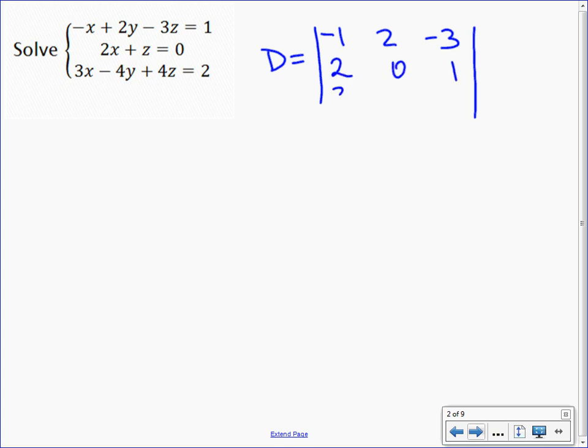Third row. Here's our 3 by 3 matrix. This is our denominator for each of our variables. So we need to find this determinant. How do we find it?